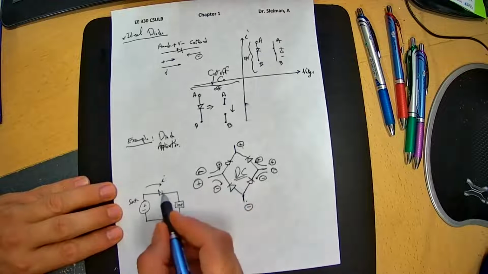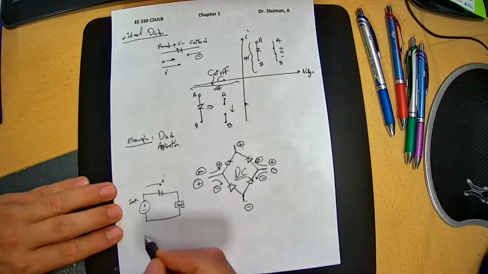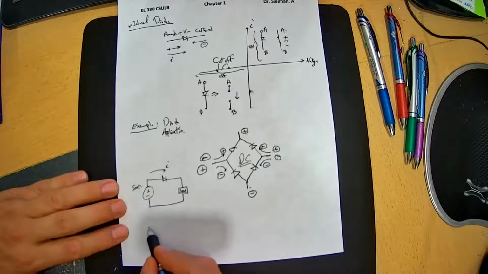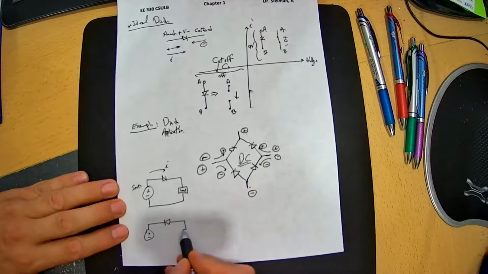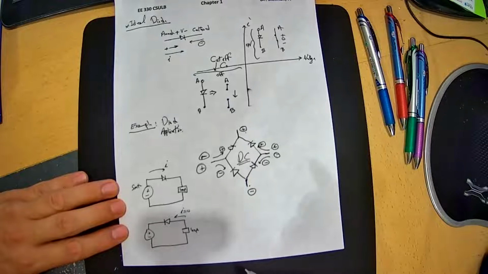What happens if I flip this diode? There is no current flowing in this direction. This is our load, so the current is equal to 0.